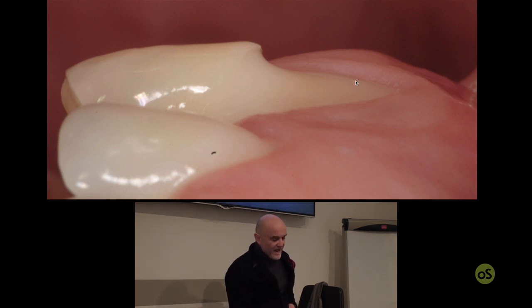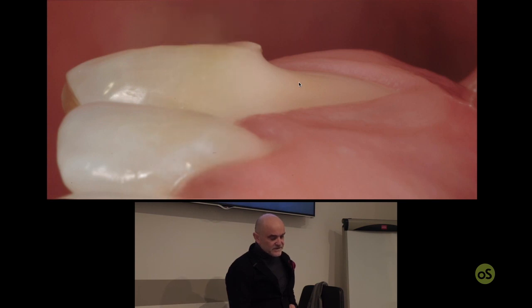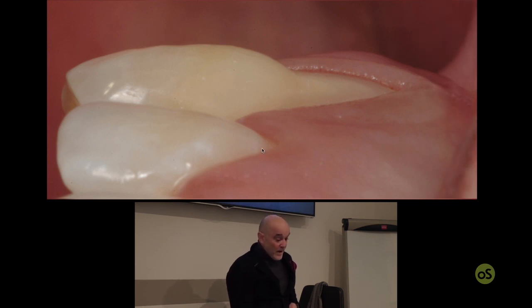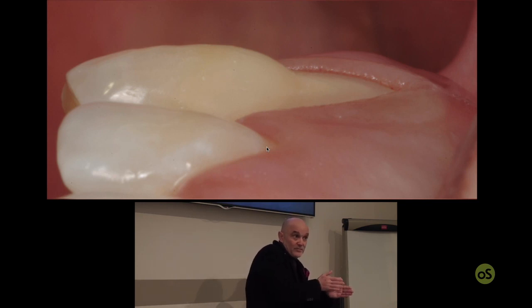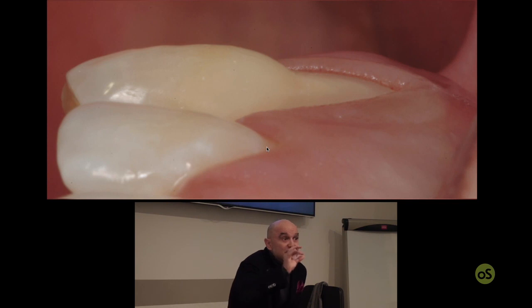While if I want to make the composite restoration, so the new cement enamel junction, in the most aesthetic position, which is about 1 millimeter more apical with respect to the cement enamel junction of the lateral, because what I would like to have is a canine that is just a bit longer at the level of the soft tissue margin than the corresponding lateral, for sure I have to change also the shape of the enamel.